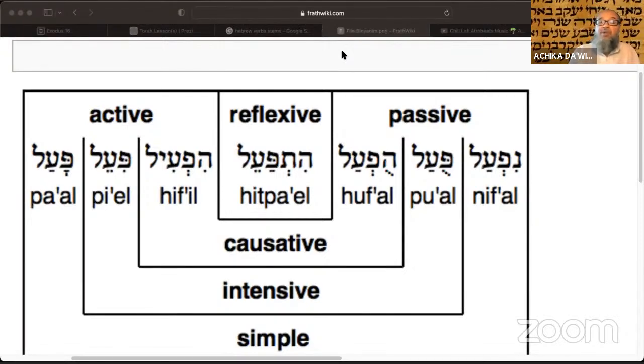And when you replace it with whatever root you want, that'll tell you if it's active or passive or causative, because the actual vowels underneath it are not going to change. What do I mean by that? Here. What word is this? What do you want to make it? Put an A right there. It's dad.